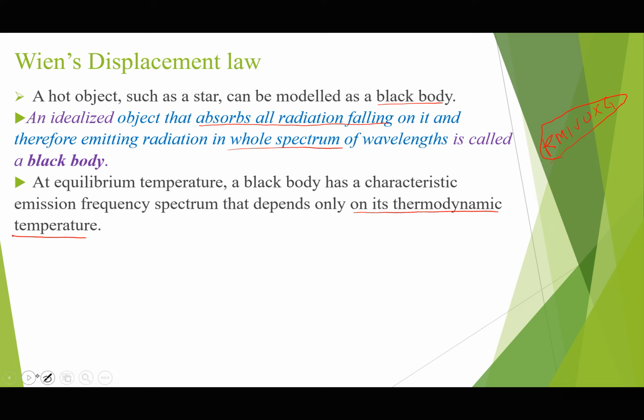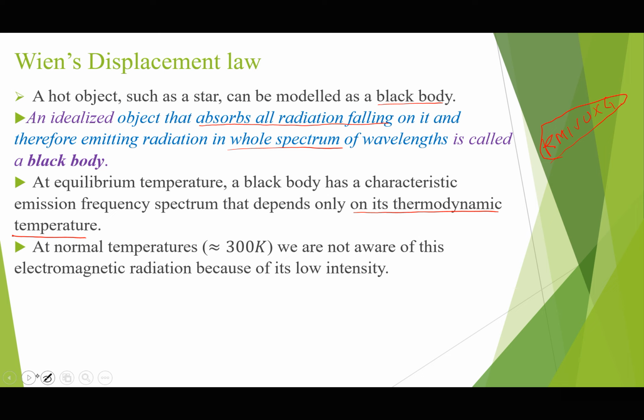For example, at normal temperature, we are not aware of these electromagnetic radiations because of their low intensity. Of course, 300 Kelvin, if I subtract 273, is approximately 27 degrees Celsius, which is maybe room temperature. At 27 degrees Celsius, we may not see most of these radiations emitted from a black body.